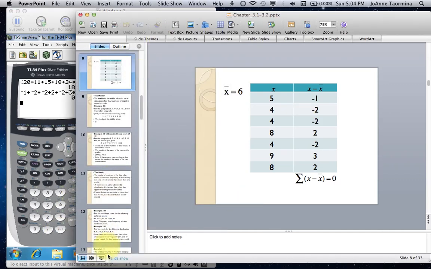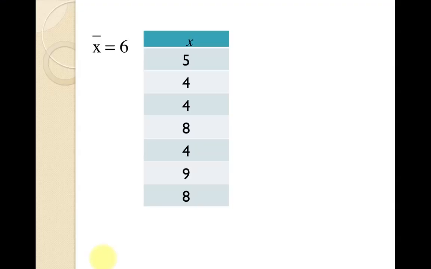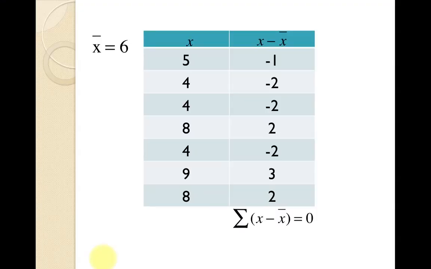Now, the fact that it's coming out as 0 isn't a coincidence. It's not like this particular set of values is coincidentally giving us a sum of deviations of 0.